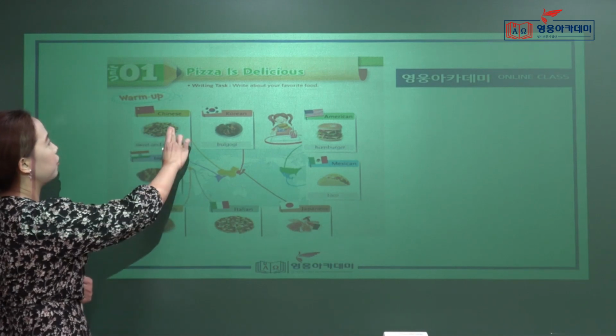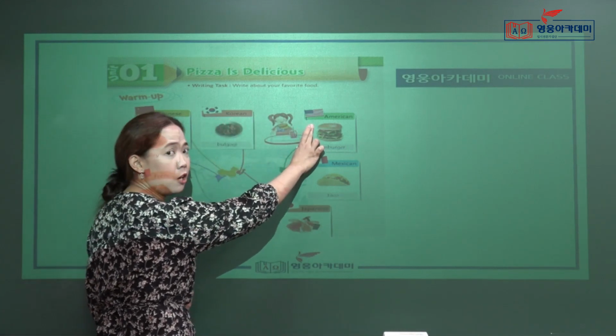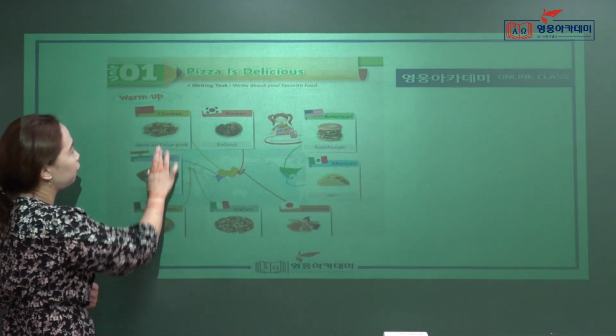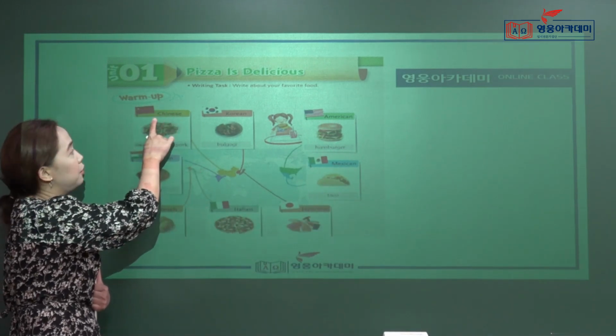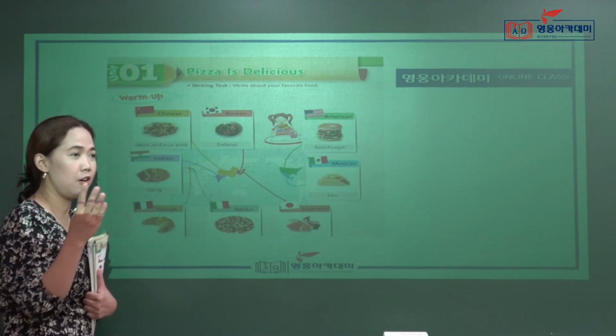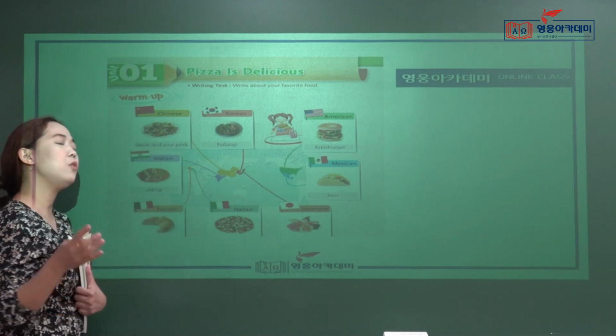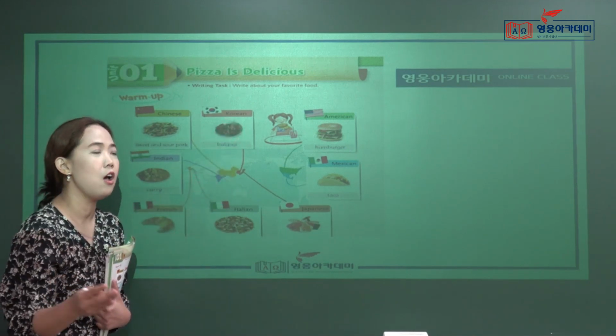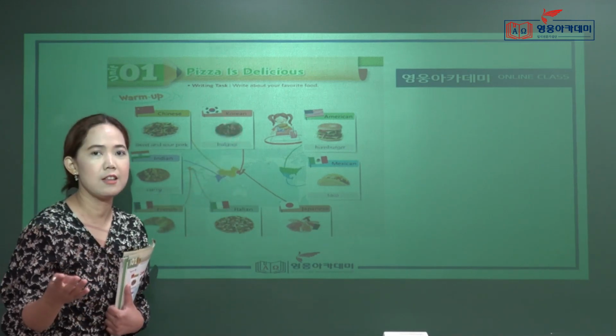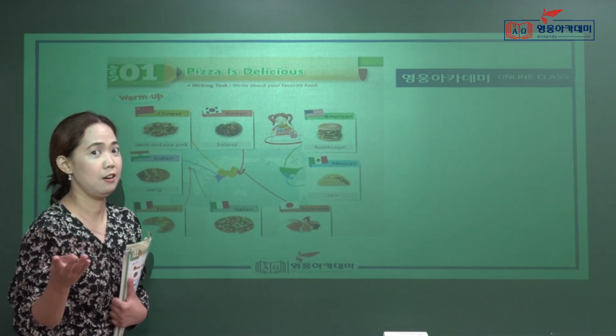I would like to talk about the names of the countries here, and you can see, for example, Chinese, right? So it's written here Chinese, but the flag is China. Yeah, it's China. So why do we say Chinese? And why do we say Korean instead of Korea? Or why do we say American instead of America? Right.